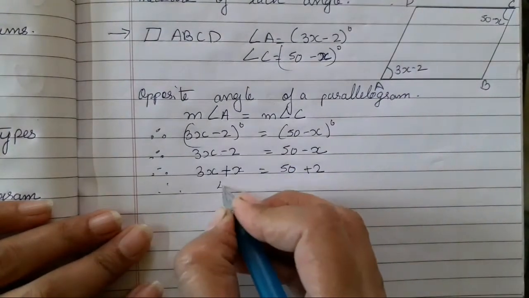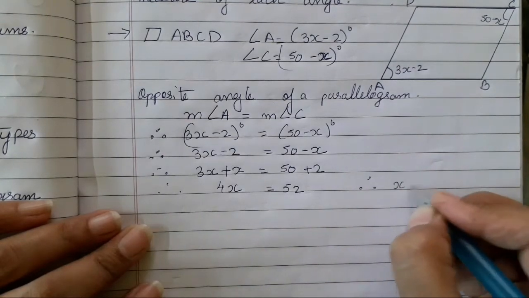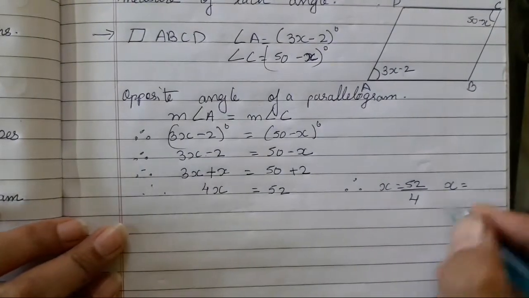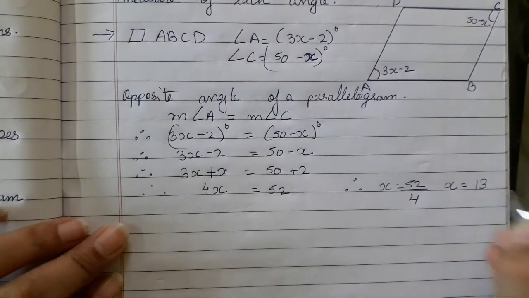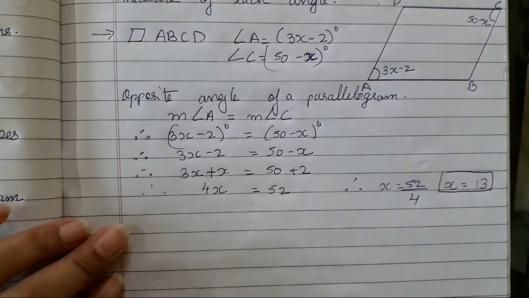Okay, therefore we have 4x is equal to 52. Therefore x is equal to 52 upon 4. X is equal to, when you reduce this, 13. Okay, now you have got the value of x.